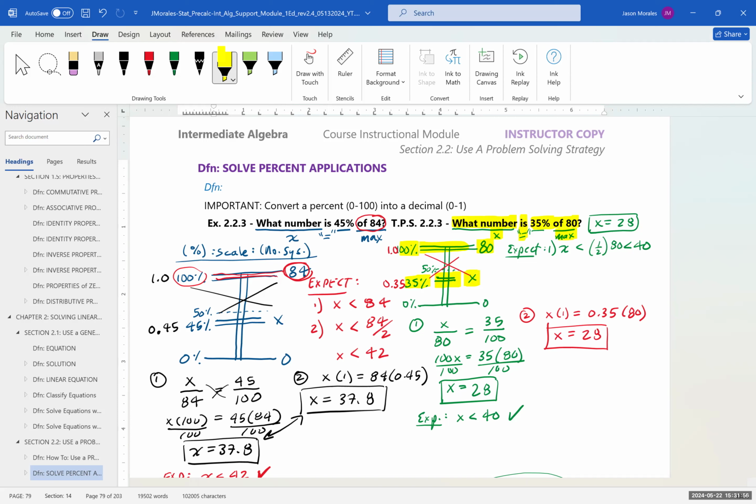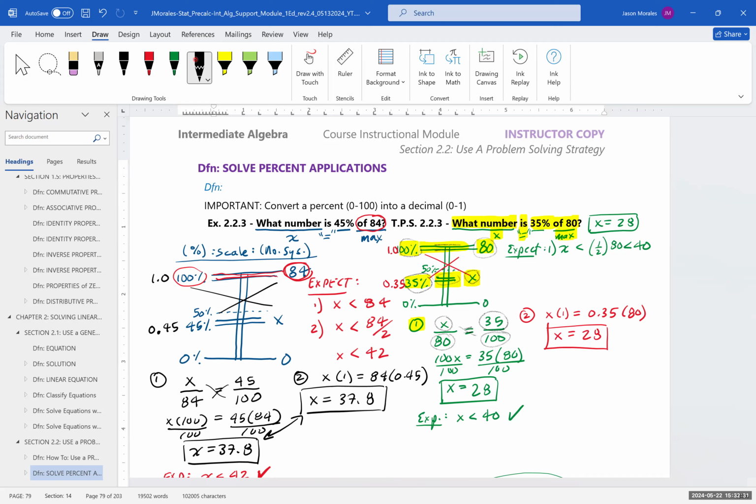So this is setting things up so that when we try to equate two ratios, we can say that X is equal to 35%, and 80 is equal to 100%.